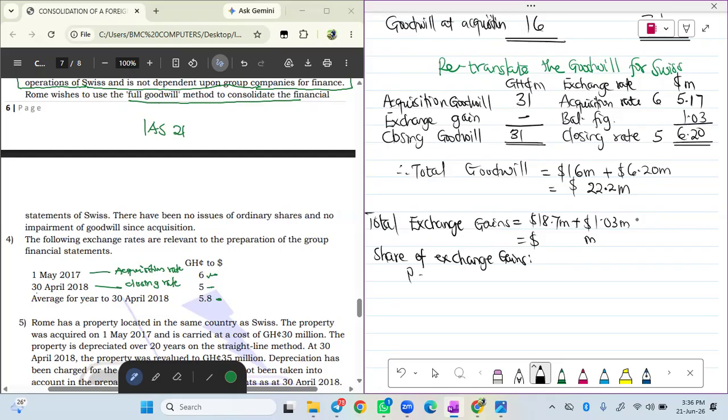And it is all happening as a result of what? Suez. So use the Suez percentage. $19.73. So times 19.73.